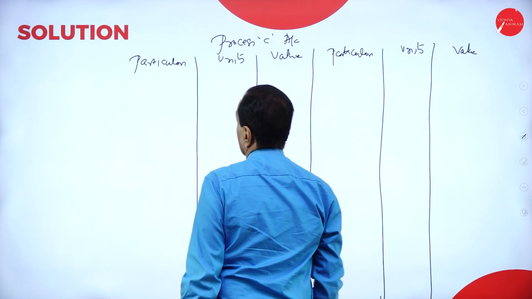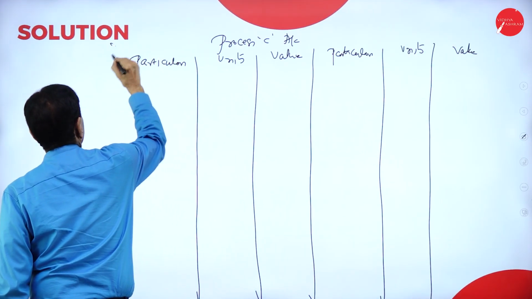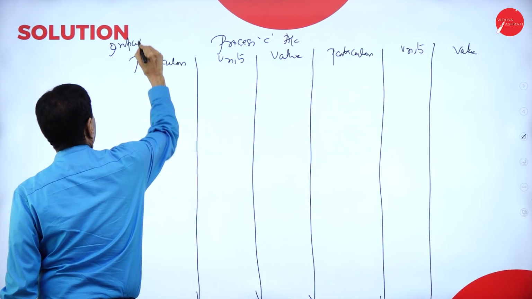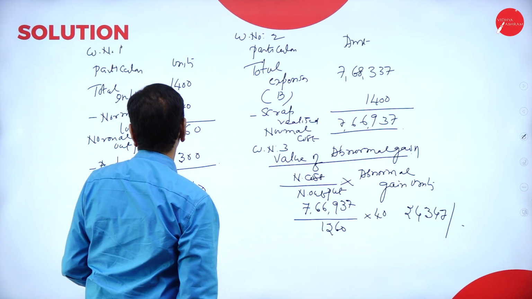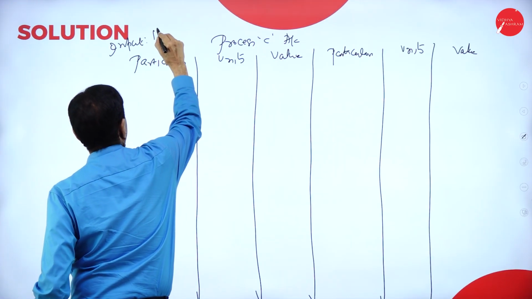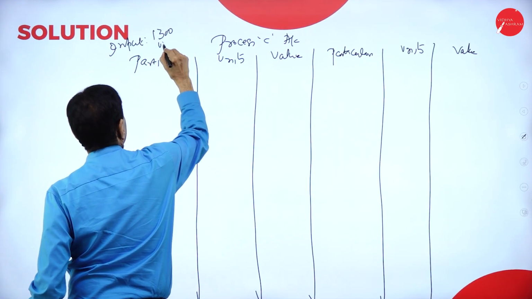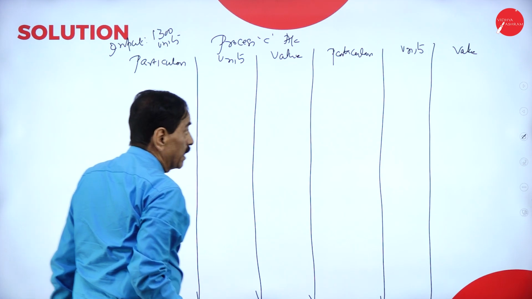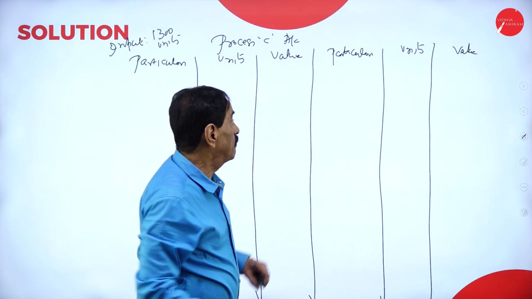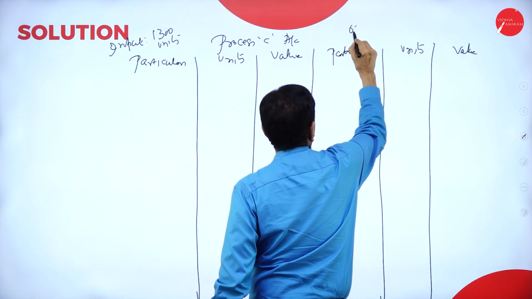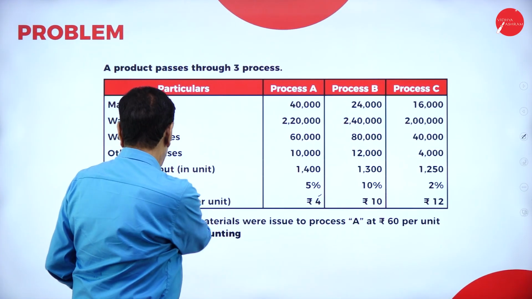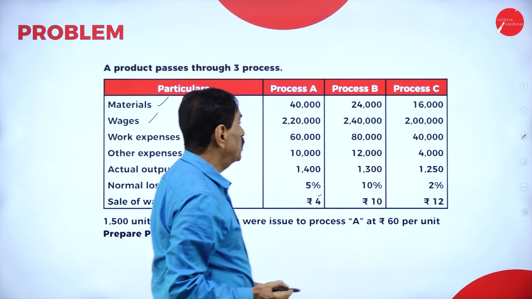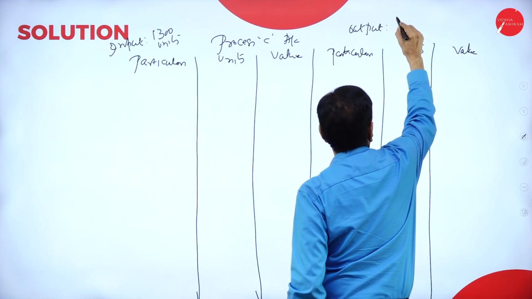Now input: the output of process B becomes the input now, 1300 units. Then your output now, as per the problem, your output is 1250 units.